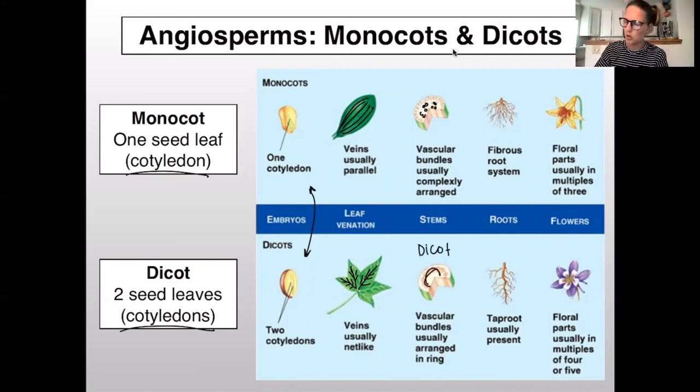The roots in a monocot are usually fibrous versus a root in a dicot, which is a tap root, which has a very strong root with these fibers off of it. And then importantly, for their flowering parts, monocots usually have multiples of 3, right? If you look at the petals, for example, for the flowers in a dicot, they're usually multiples of 4 or 5. Right. So one of the things at some point I'll ask you to do is to go outside and take pictures of either monocots and or dicots.